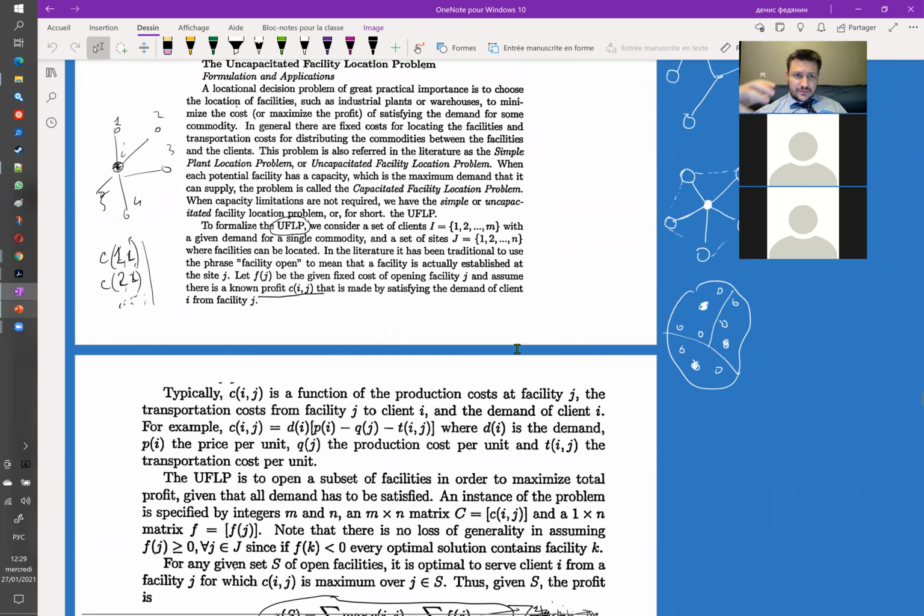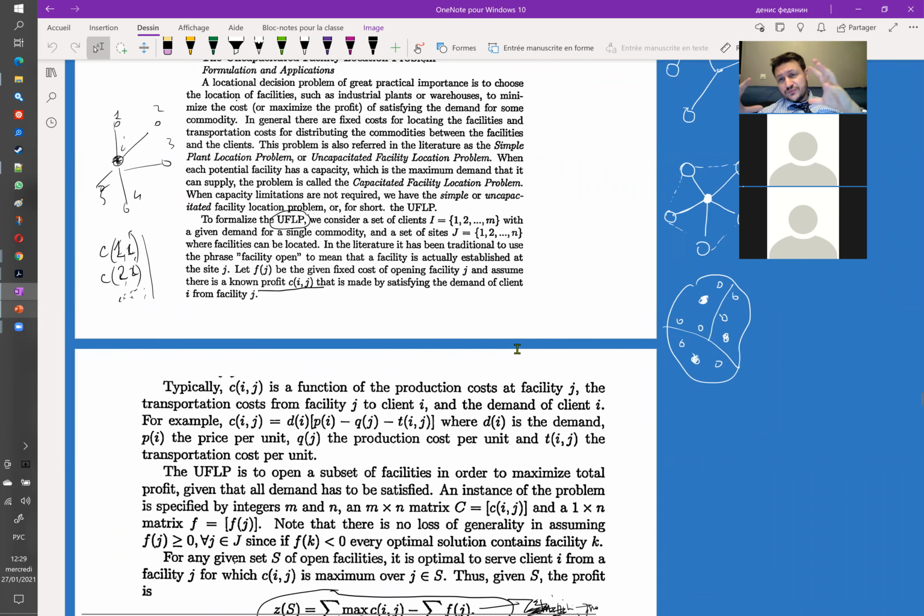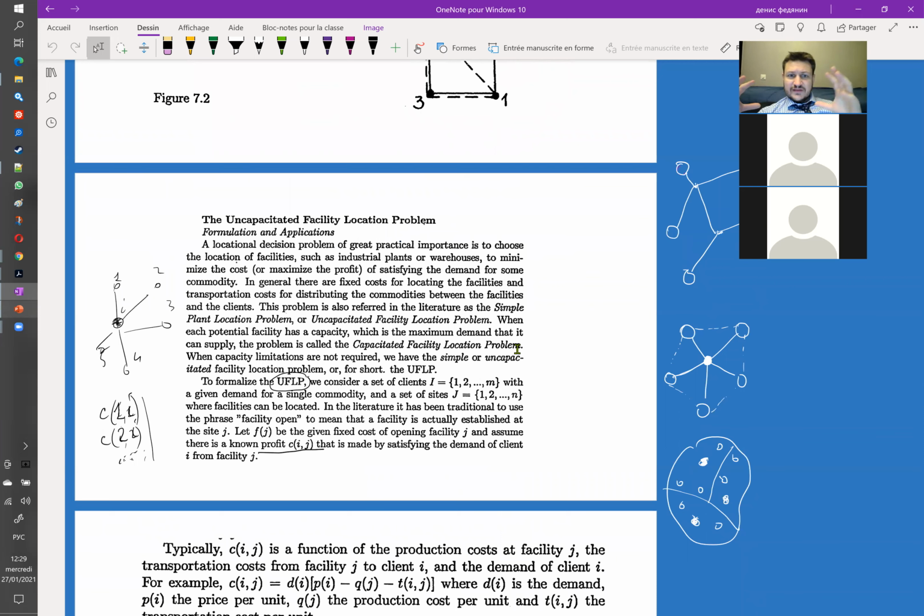And then we came to a bunch of problems like facility location, bank offices location, and so on.